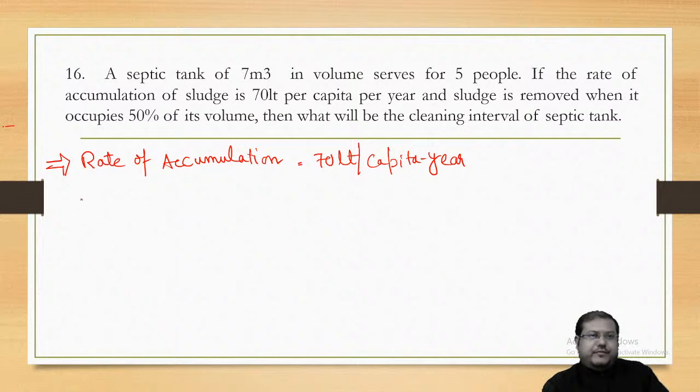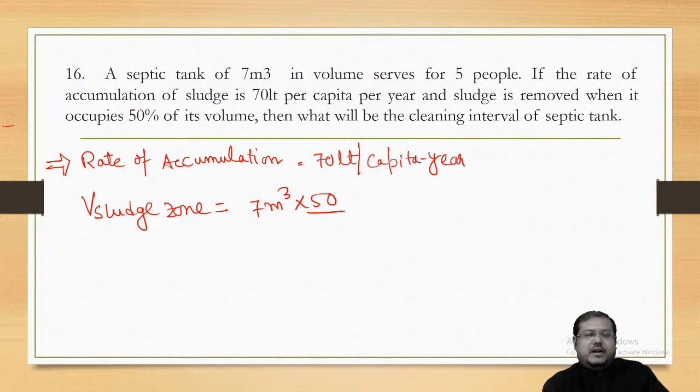So actually, volume of sludge which can be removed will be 50% of 7 meter cube, that is 3.5 meter cube.